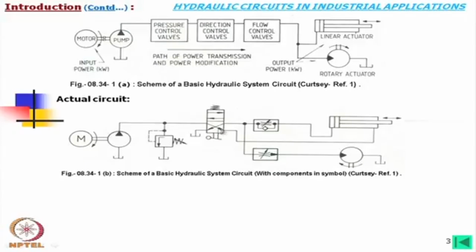Now, when this connection is there, oil is coming through this to the tank. In that case, if you look into this, there is a flow control valve. In that flow control valve, there is a check valve. This means that oil will return by blowing this check valve, and it will return to the tank almost without any resistance here.